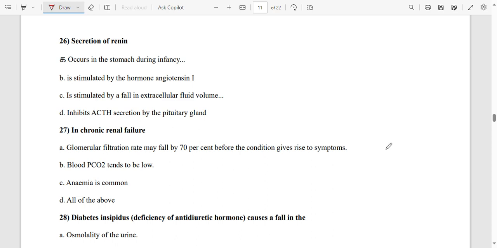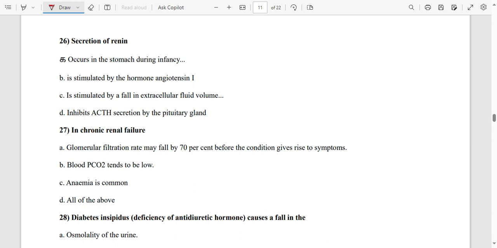How about this one? Which one would you pick? C?